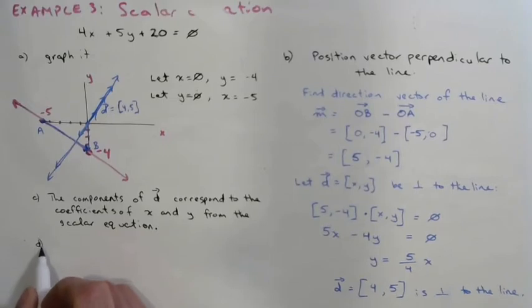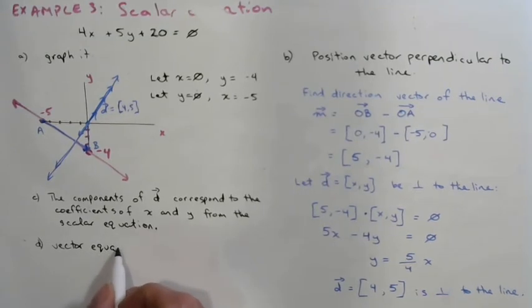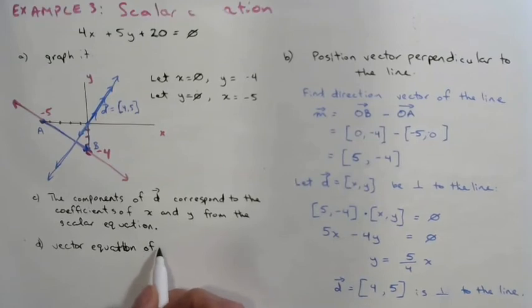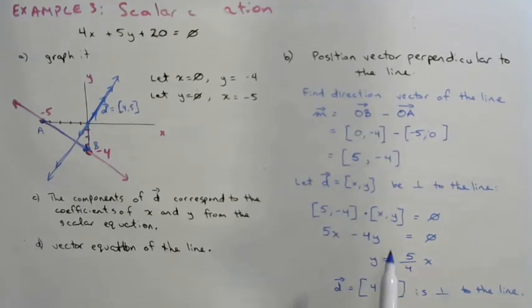And I'm going to go ahead and fit D here as well. D says to write a vector equation of the line. So to write a vector equation, we need a position vector and a direction vector.